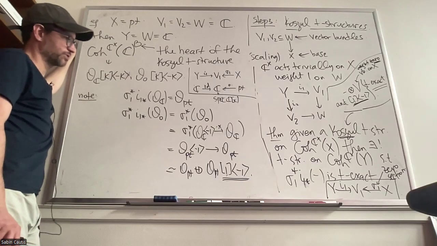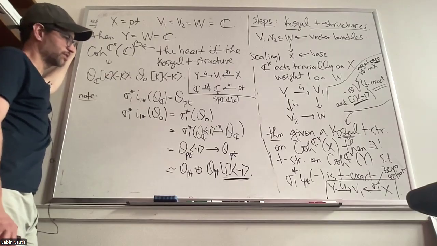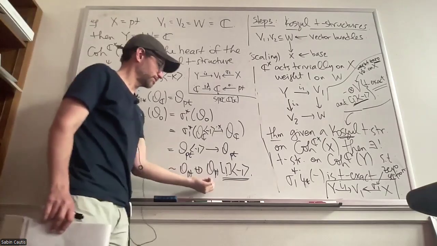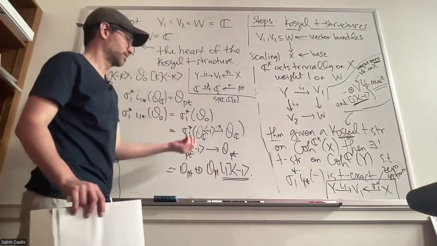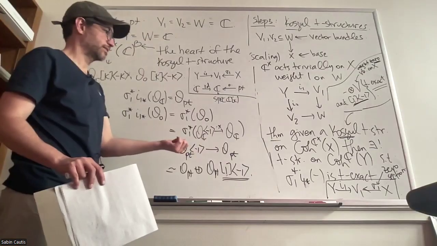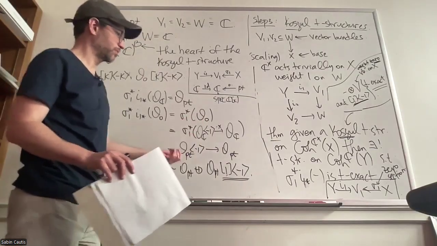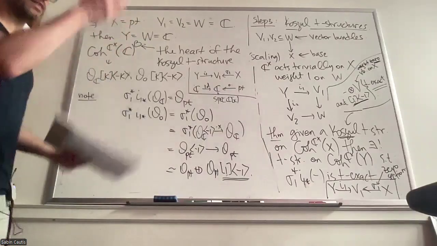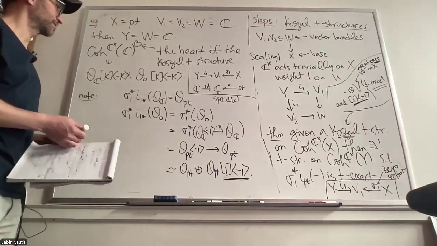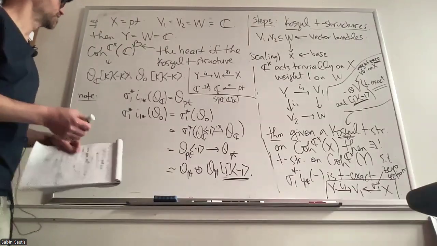The simples are just characters of C star, and we're shifting the standard T structure so that if you have a character of weight 1, then if you shift it down by one, the weight is also shifted. Exactly, yeah. That's a good example. Thank you.